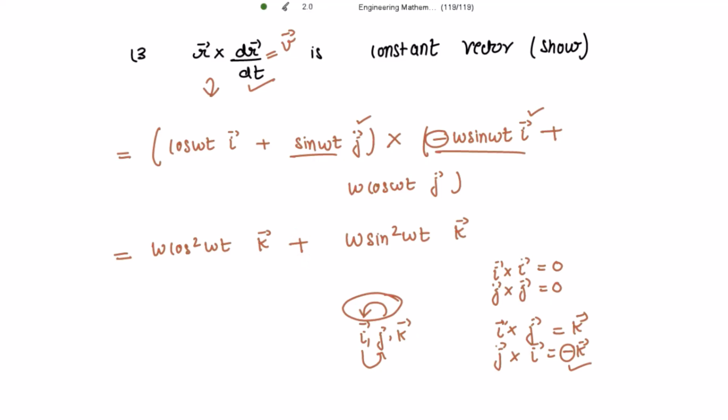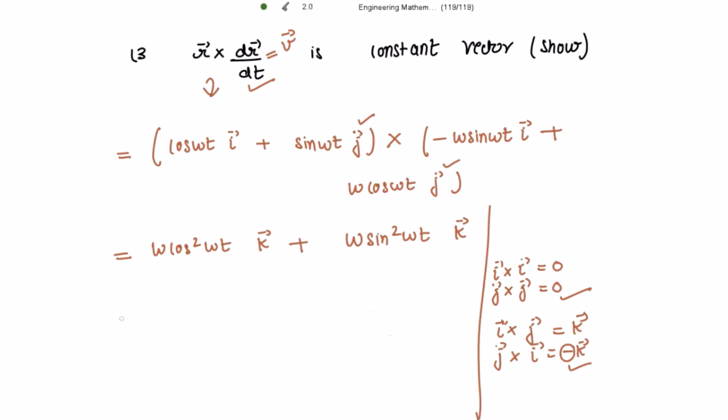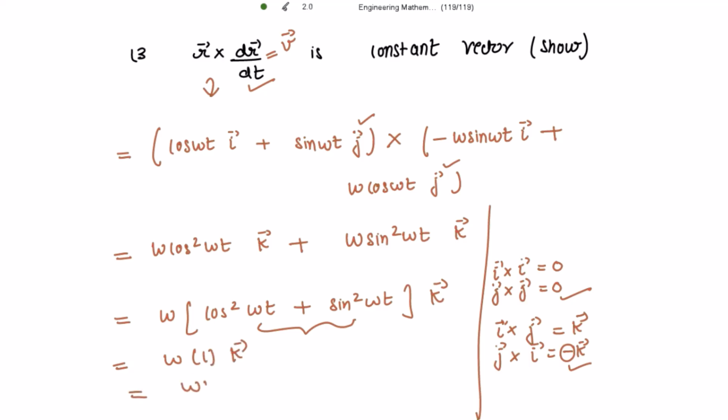I hope it is very clear. And now the cross product of j with j is 0, so there is no need to write this. We can take this w outside, and also k vector. We have cos squared wt plus sin squared wt, which is nothing but 1, so it is equal to w k vector.